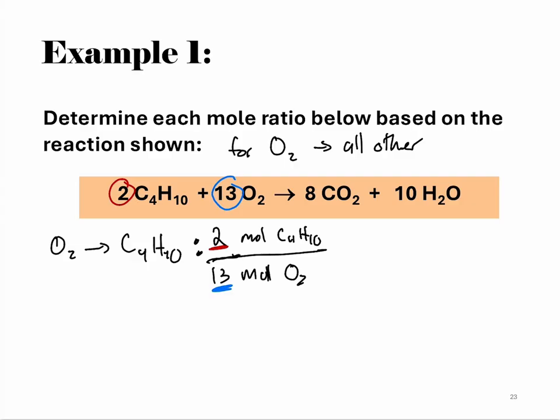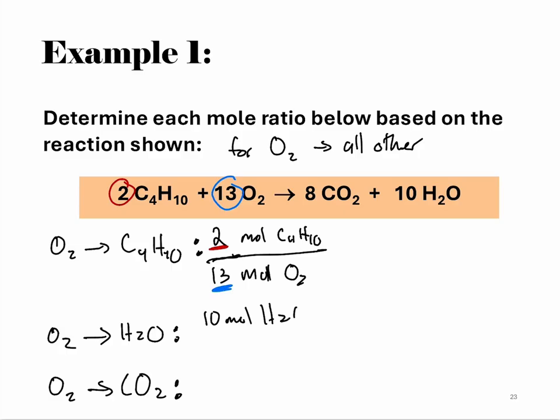All right, so see if you can do the other 2, which will be O2 to H2O and O2 to CO2. So what's the ratio going from oxygen to water? That'd be 10 moles of H2O per 8 moles of O2.